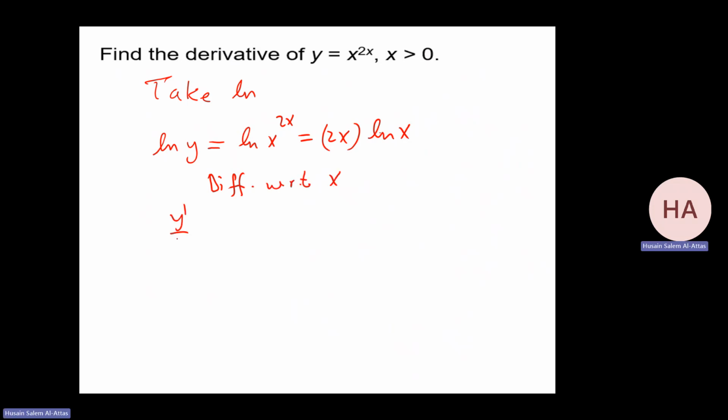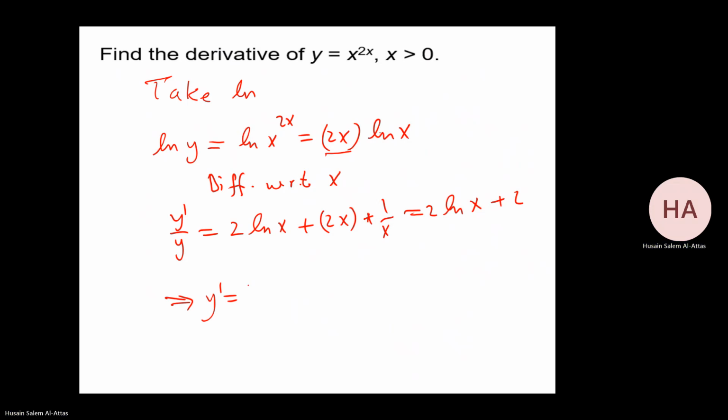We get y prime over y: derivative of the first, 2 ln x, plus 2x times the derivative of ln x, which is 1 over x. So that is 2 ln x plus 2. So y prime will be y times this, which is x to the power 2x times (2 ln x plus 2).